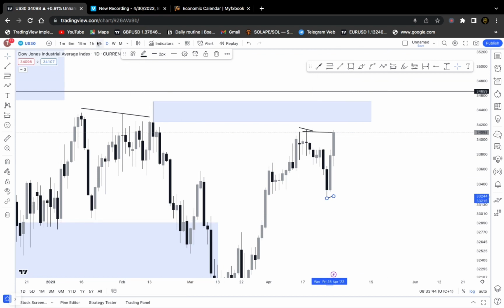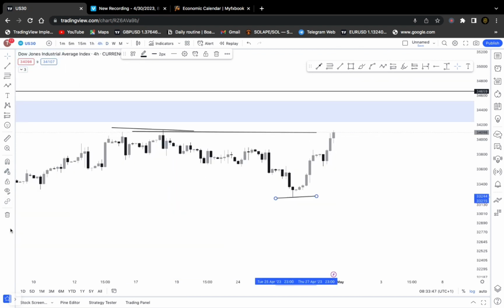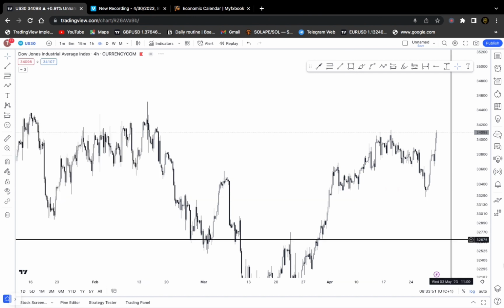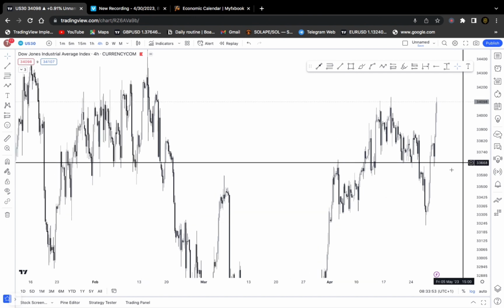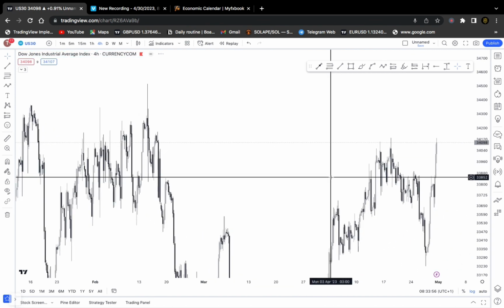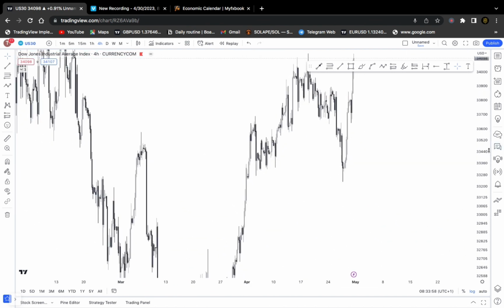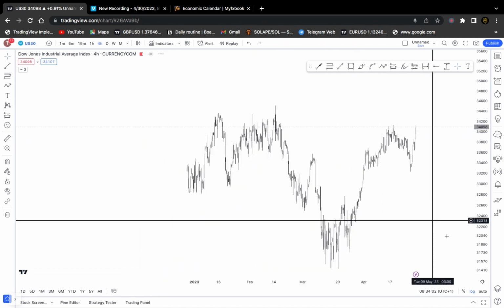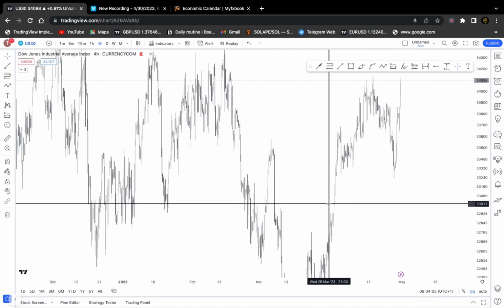Okay, now looking at our 4-hour time frame to get more insight on our chart, deleting the previous analysis on our time frame. On our 4-hour time frame, we get to understand that we are in a bearish sentiment. We are quite bullish from there, we are in a bullish correction, but overall we are in a bearish trend.